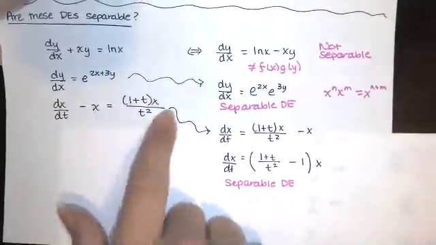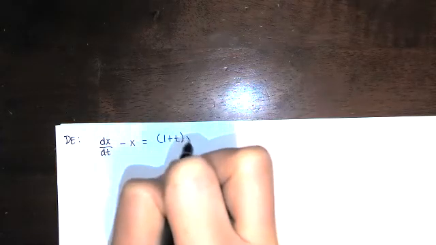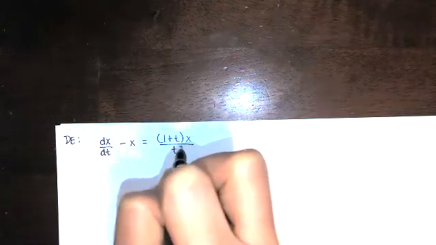Let's go back to this one. We've already verified that this is a separable differential equation. Let's solve it. So we had dx/dt minus x equals (1 plus t) times x, all divided by t squared.